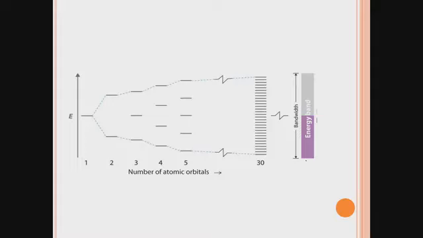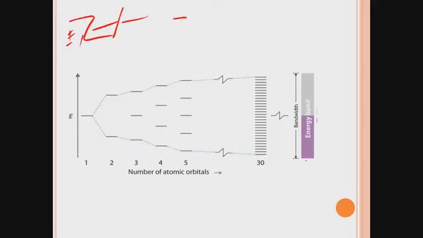In this diagram, if I have only one well, suppose this is well 1, then the energy level is E1. When the number of wells is 1, there is only one solution, and that is E1.